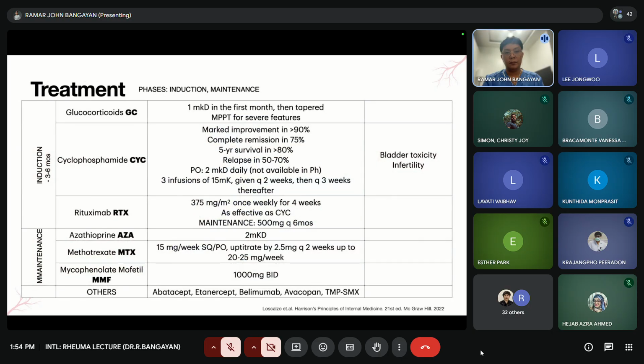So the treatment is just like the treatment in all other autoimmune illnesses. If you have involvement of your target organ, your vital organ, especially your lungs, your kidney, we do induction phases of your cyclophosphamide. I think this is not new to you because we've been discussing this to all other autoimmune illnesses. And then, rituximab, you use that if there is no response to the initial maintenance medication.